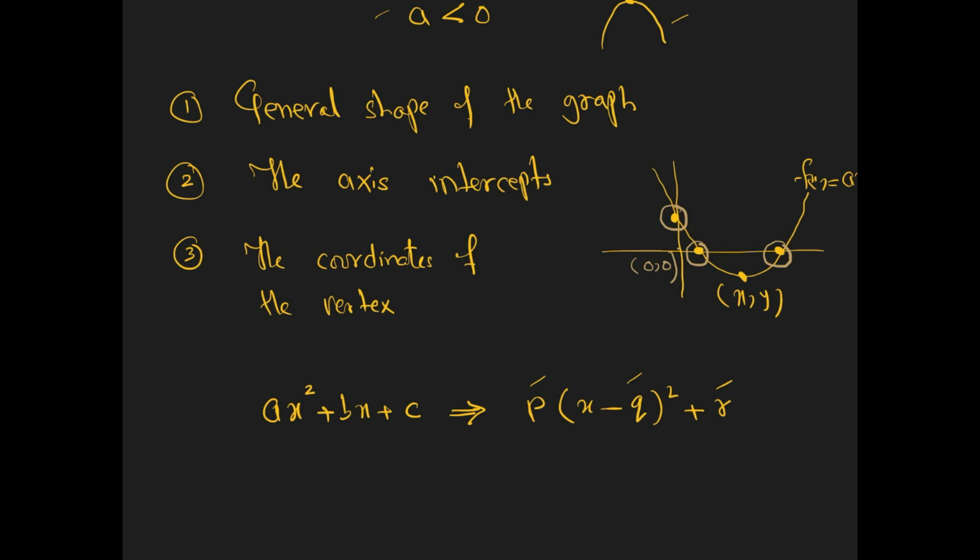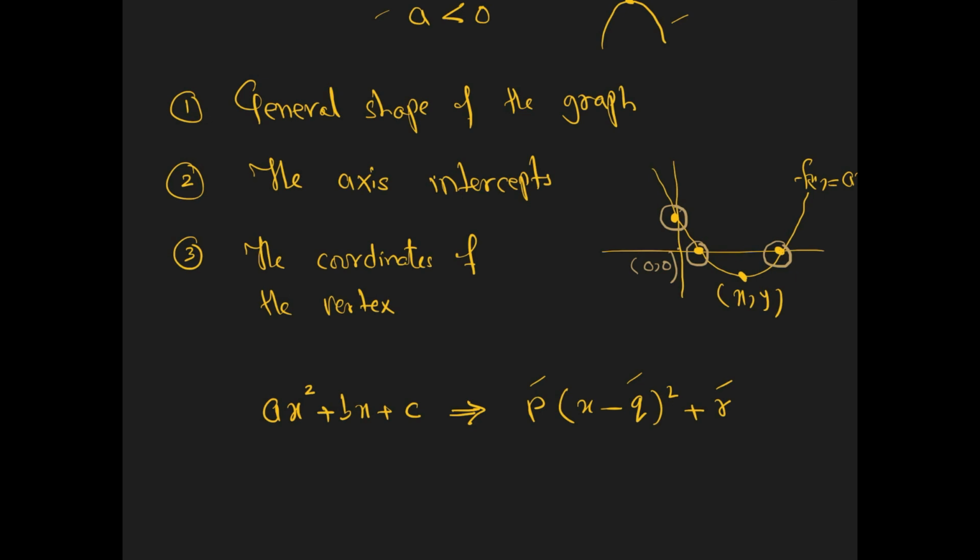Then it is quite easy for us to get the values of the x-intercepts, y-intercepts, and the coordinates of the vertex, and hence we are able to sketch the required graph.